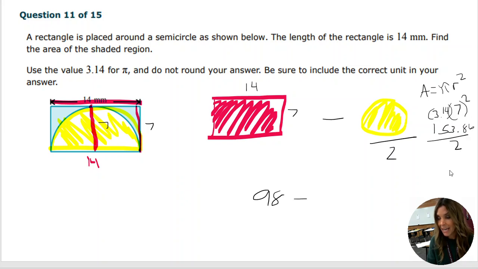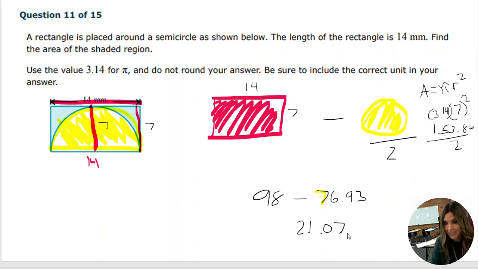But we have to divide that by 2 because we only want half, right? We only want half of this circle. So that gives me 76.93. So when I take the 98, I minus the 76.93, I get 21.07 yards squared. Okay, there you go.